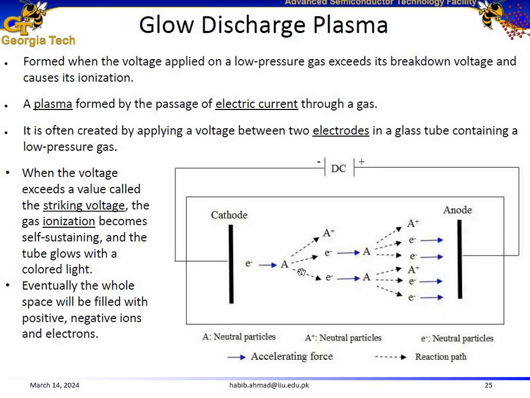So actually inside this tube we have an environment of electrons and ions, and also neutral atoms and molecules. Not all the atoms and molecules are going to be ionized. Some get ionized and the rest are not ionized. So we have a plasma, which is a combination of electrons, positive and negative ions, and neutral atoms and molecules.